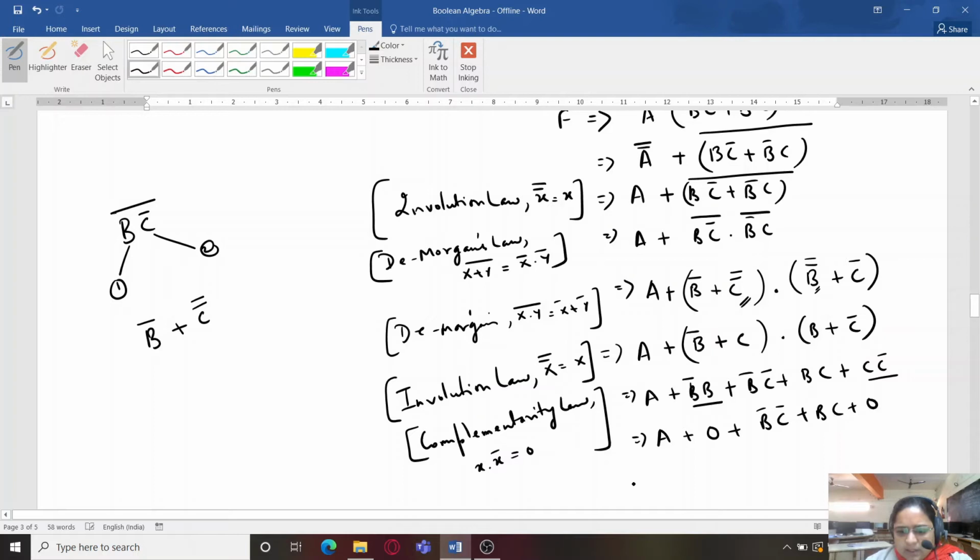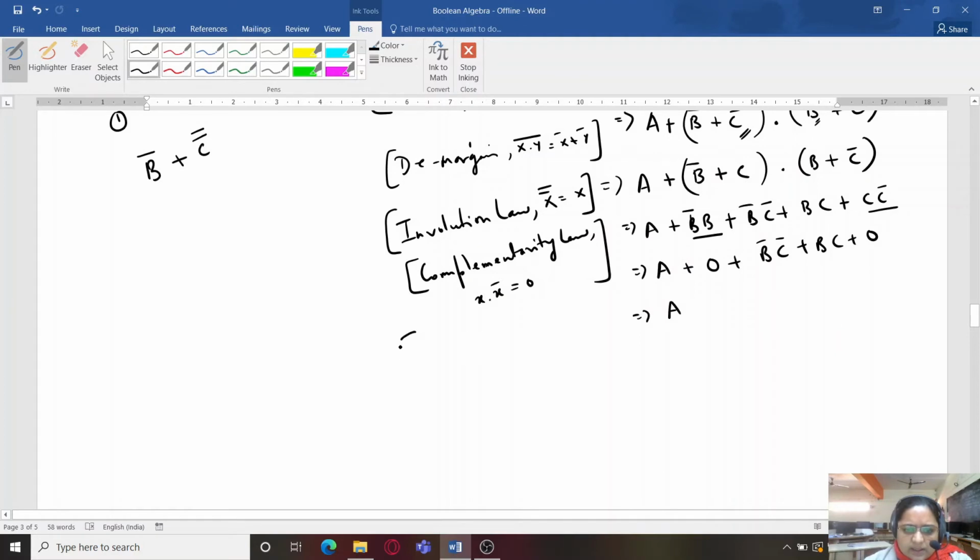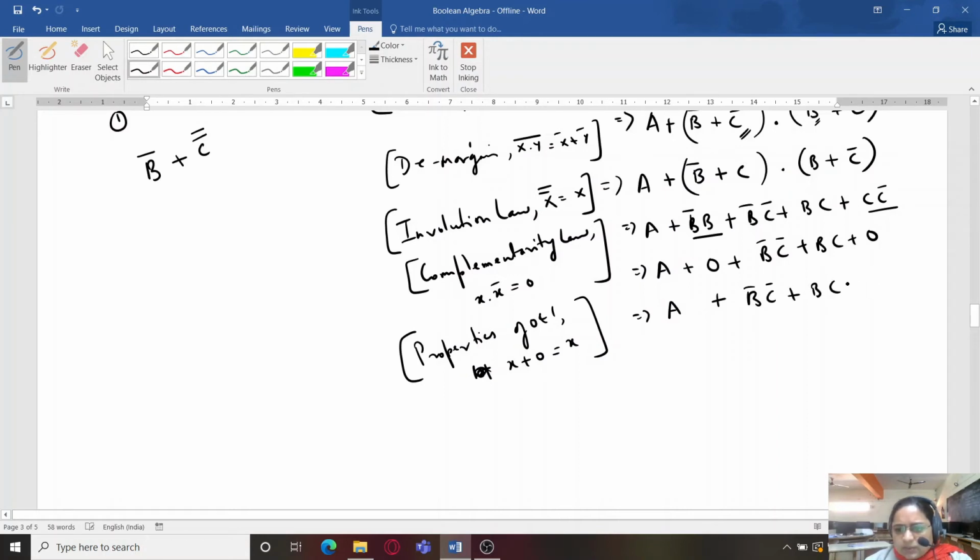And this also can be written as 0, and a plus 0, that is using properties of zeros and ones, x plus 0 is equal to x. So I can write a, and here b dash c dash plus bc plus 0, which can also be written as only bc.